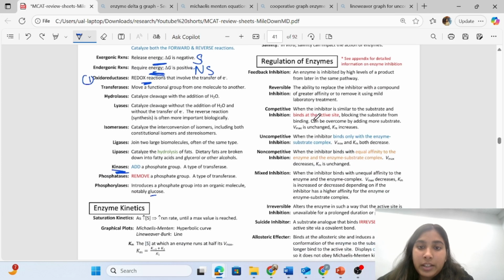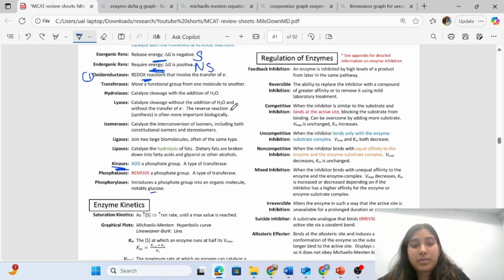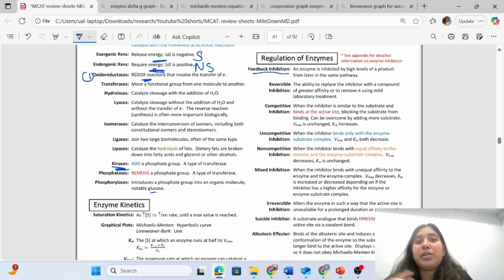So this we did. Now we come to the regulation of enzymes. First is feedback inhibition. Feedback inhibition is regulation of enzyme, basically how enzymes are inhibited. So feedback regulation is, for example, you have A plus B giving you C because of enzyme 1.